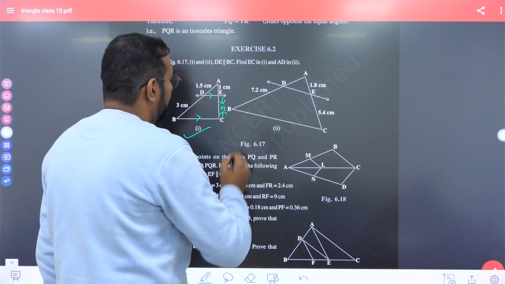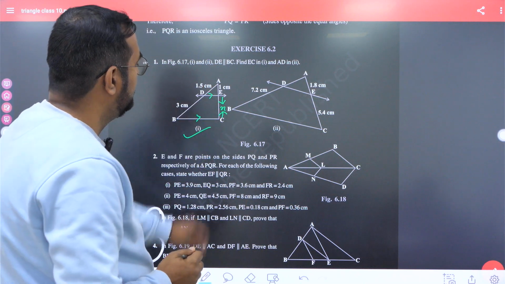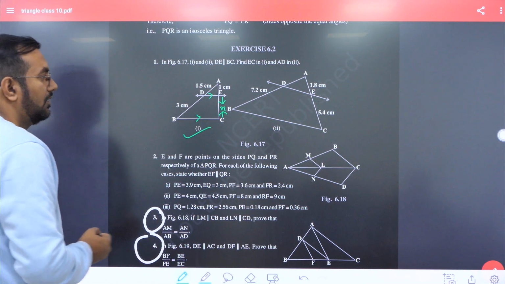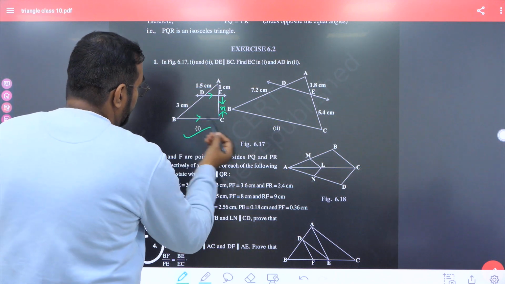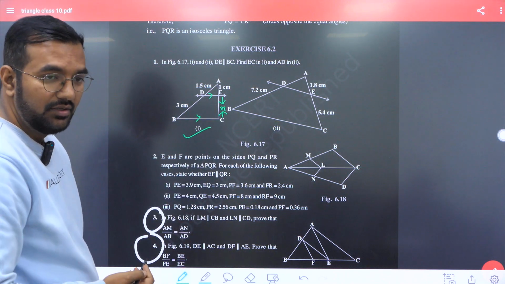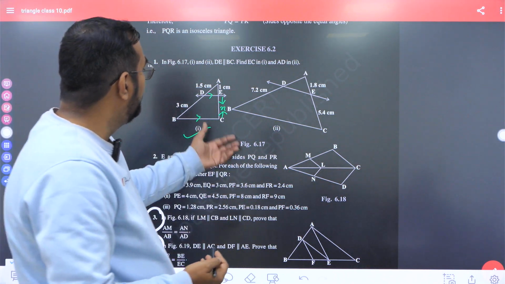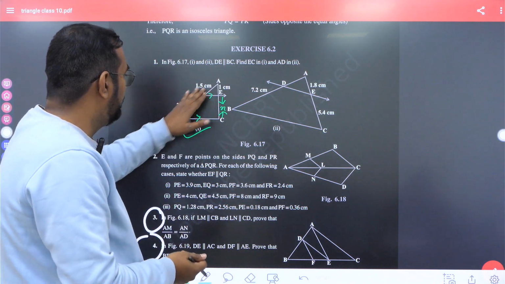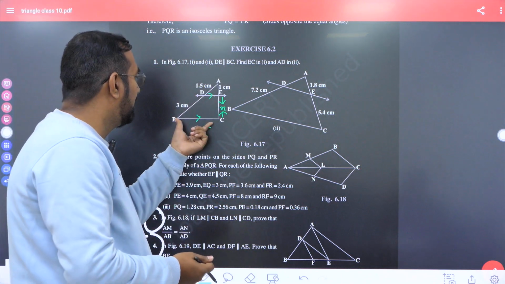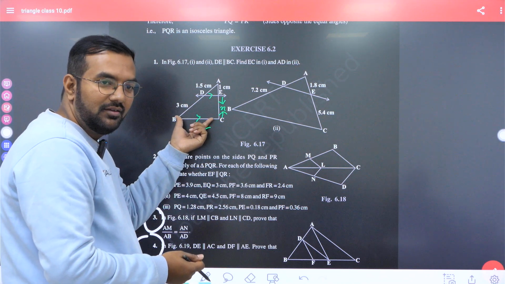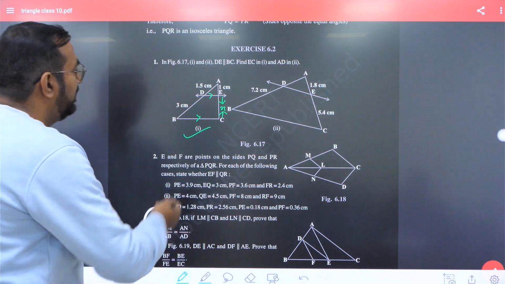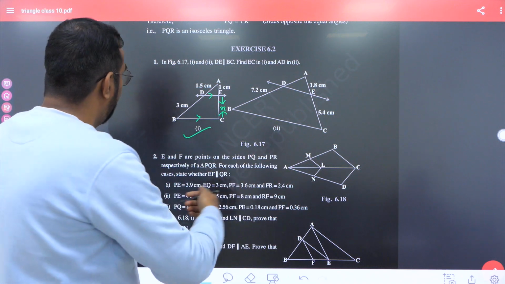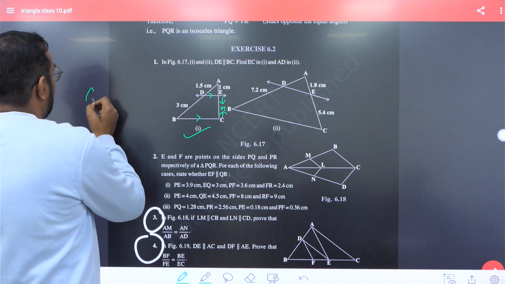So here it is given that DE is parallel to BC, and recently we learned a theorem that if in a triangle a line is parallel to one side, then it divides the other two sides in the same ratio. So we relate it here.